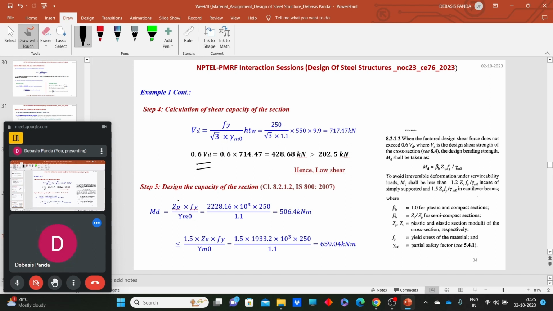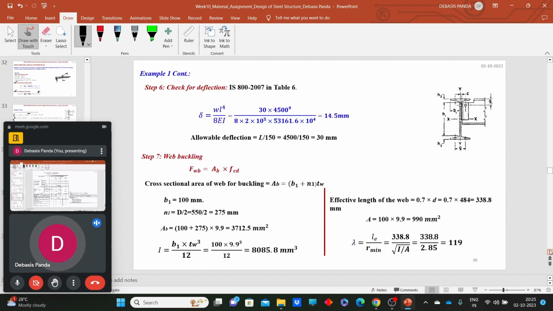Then we went for the design bending capacity, and for this problem we saw that the beam is under low shear. So as per clause 8.2.1.2 we calculated the value of the design bending strength, and for the cantilever beam we checked the condition to avoid irreversible deformation under serviceability conditions, which is within limits. Then we went for the web buckling and web crippling strength.